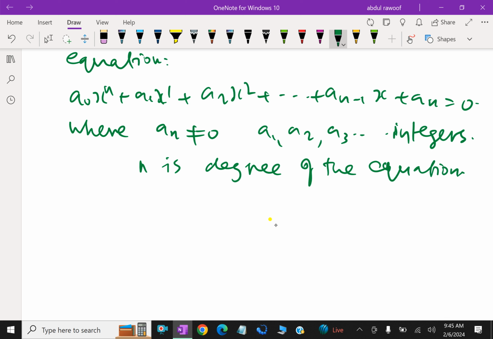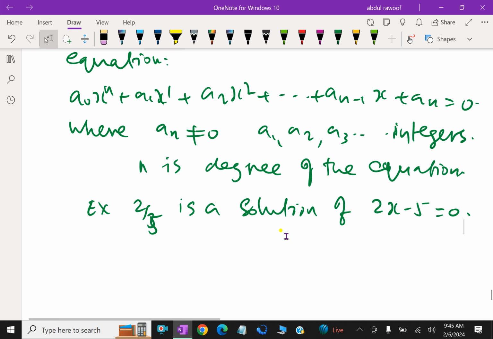Now look at here. For example, 2 by 5 is a solution of 5x minus 2.